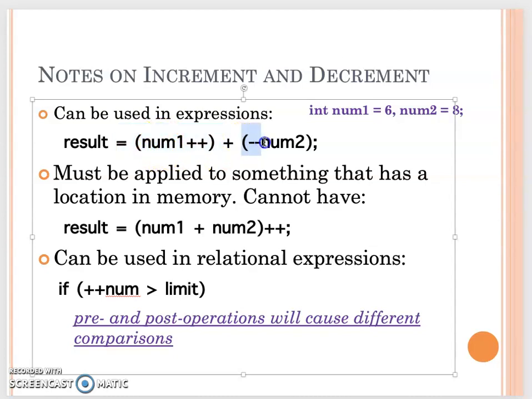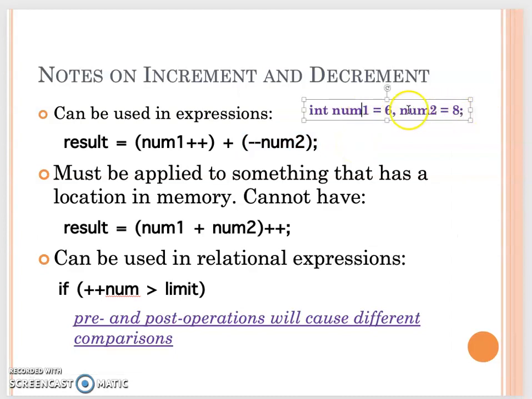Then your num2 is pre-decrement, so your 8 will become 7, right? So the result will equal 6 plus 7, because of pre-decrement, equals 13. Okay, can you do that or not?